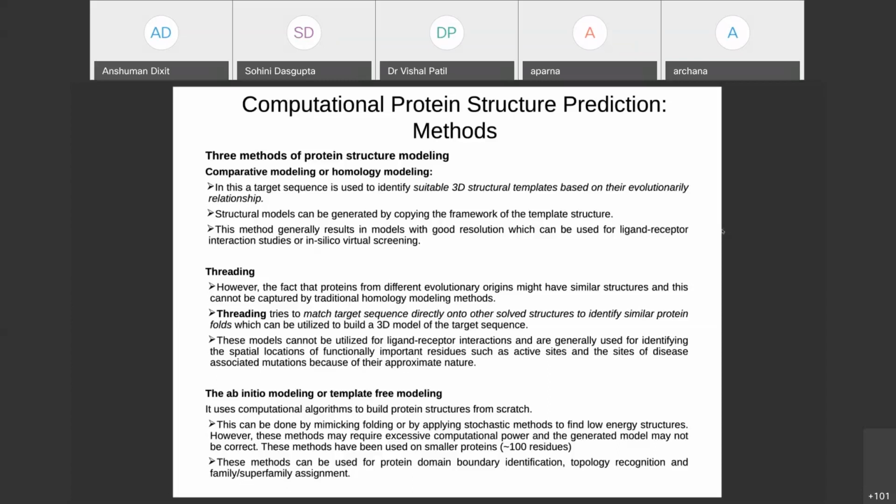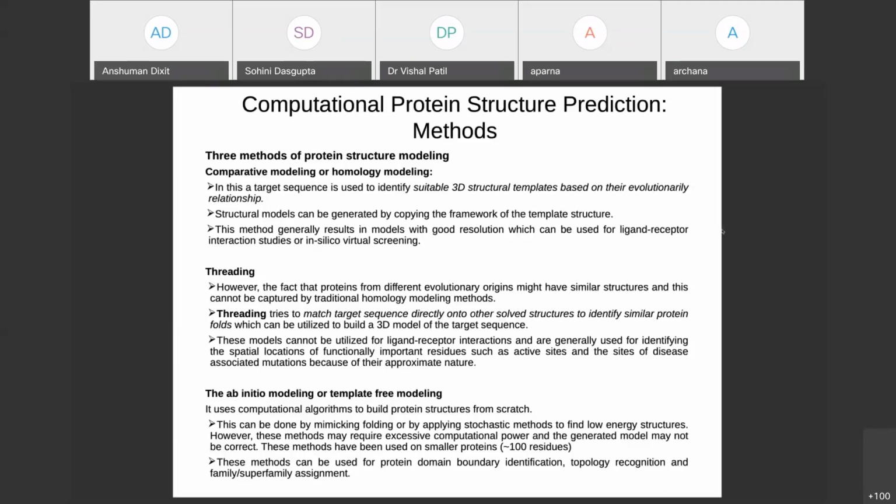In other words, it will try to create the most stable structure from a given amino acid sequence, because it is known that protein structures are at their minimum energy or highly thermodynamically stable state. So the algorithms try to identify those states. However, because of various complexities, this particular method is limited to smaller proteins up to 100 amino acids.